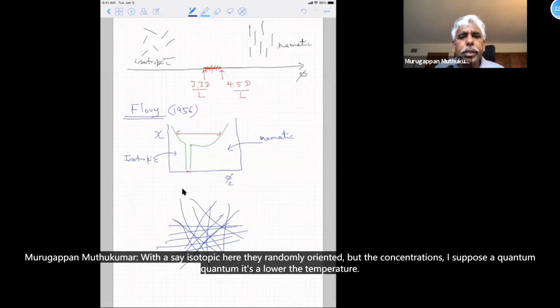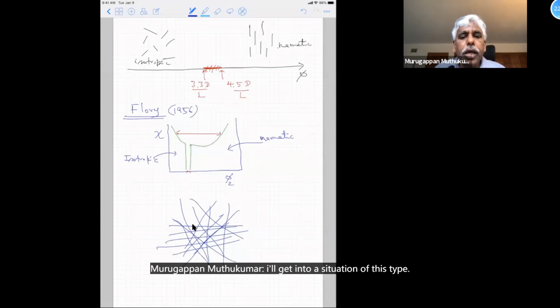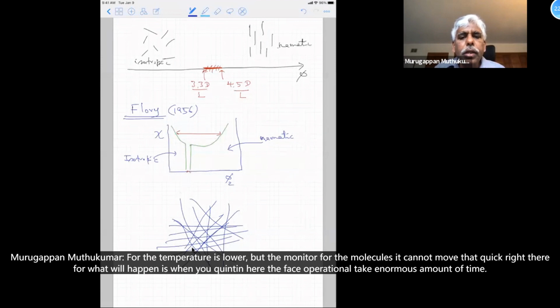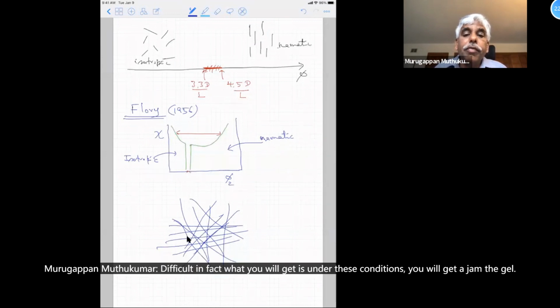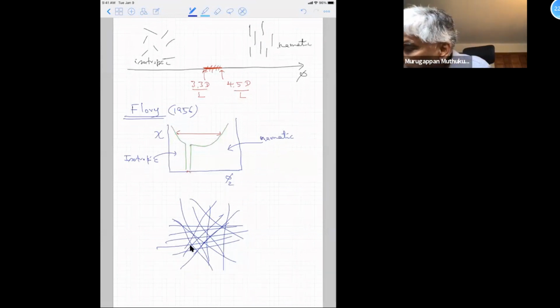They're randomly oriented, but the concentration is high. Quench means I lower the temperature. The temperature is lowered, but the molecules cannot move that quick. Therefore, when you quench in here, the phase separation will take an enormous amount of time. To make the phase separation very quick is very difficult. In fact, under these conditions, you will get a jammed gel.